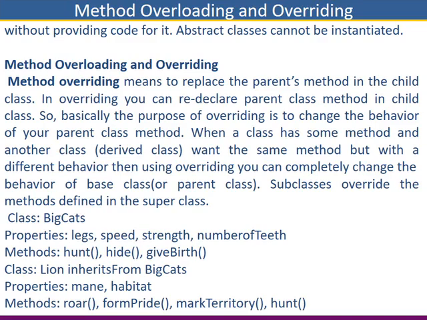The purpose of method overriding is to change the specific behavior of an inherited method in the subclass. When a derived class wants the same method but with a different behavior, using overriding you can completely change the behavior of the base or parent class method.